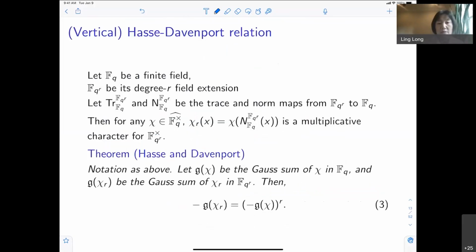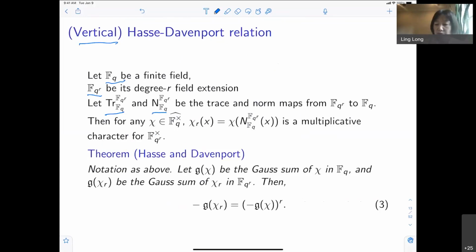Before I go ahead, I would like to mention what I call the vertical Hasse-Davenport relation. It says that if you have F_q and consider its degree r field extension, you can take the trace and norm maps to go from the extension back to F_q.